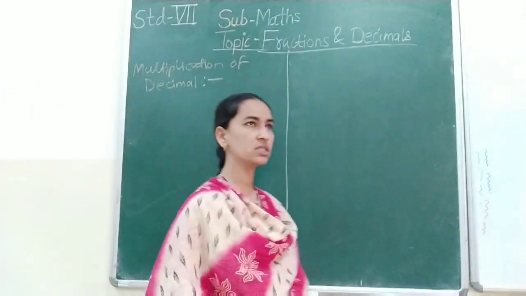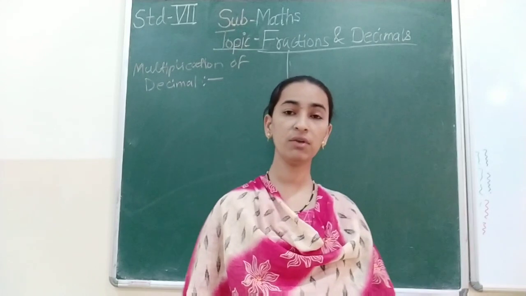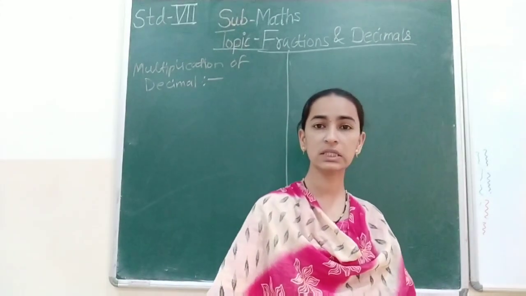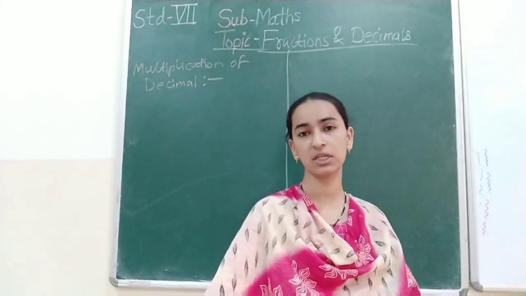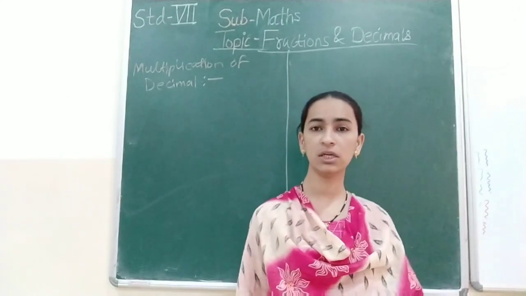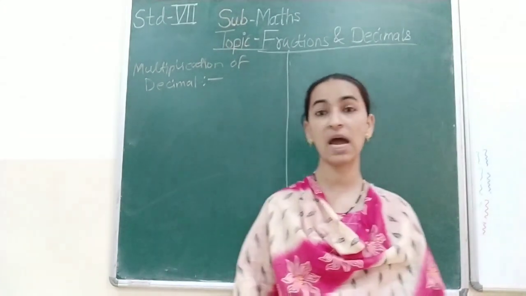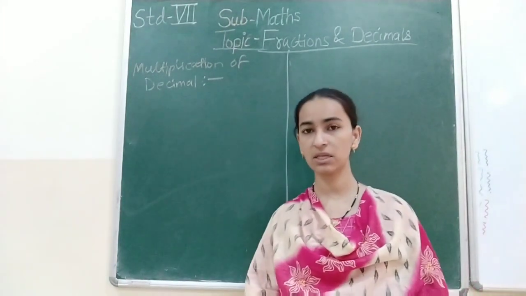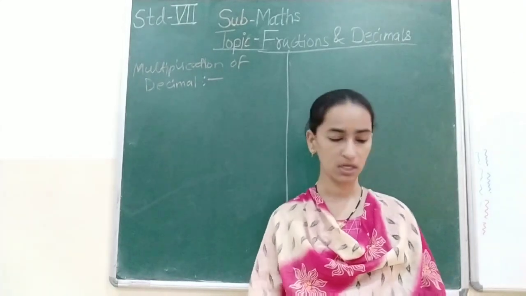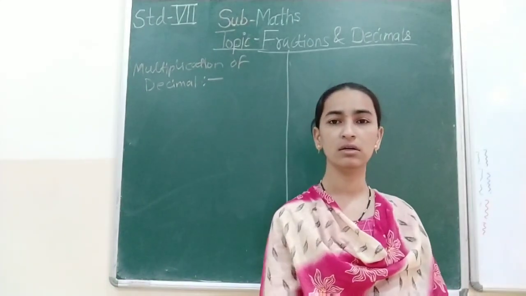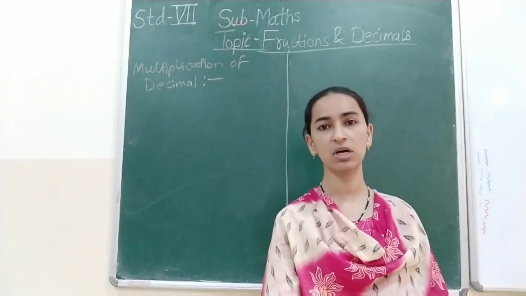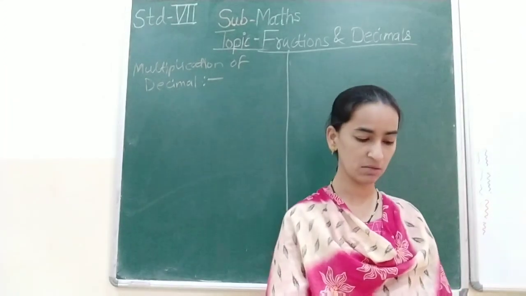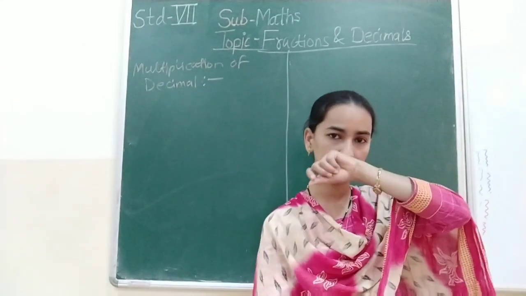In the previous videos, when we started that chapter, we learned the addition and subtraction. Yes students, in that we started the decimals, what the decimals are, how to take the decimal, which are the like and unlike decimals.